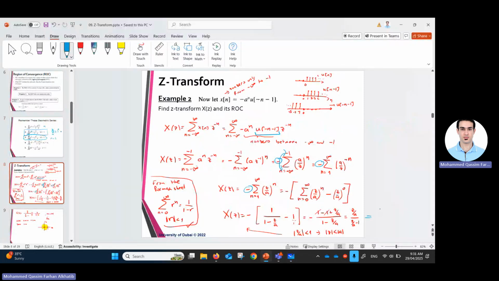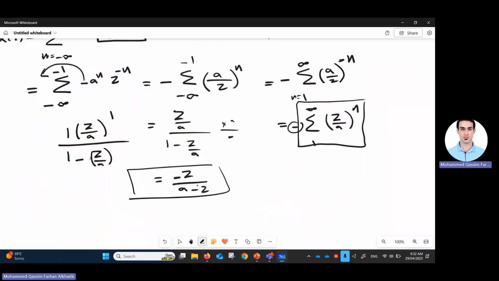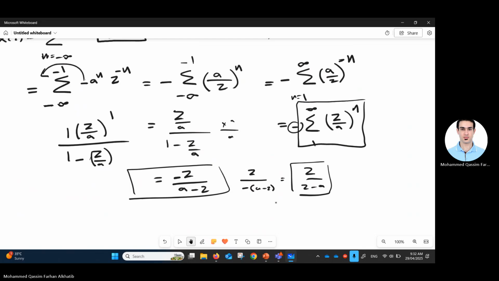If you want to simplify it, z over a minus 1 multiplied by a over a, you will have z over z minus a. And I believe that's what we got here. Here it's negative z over a minus z, which is basically z over negative a minus z, and it's going to be z over z minus a. It's the same expression.